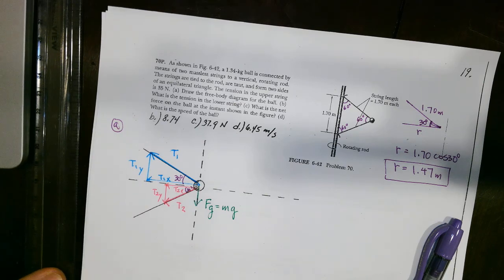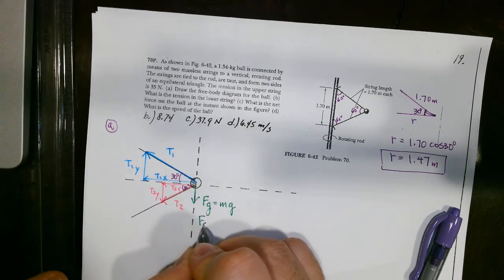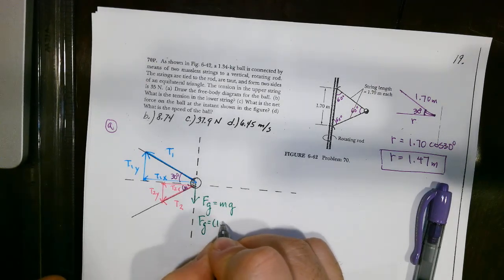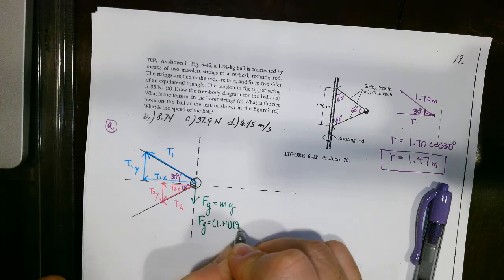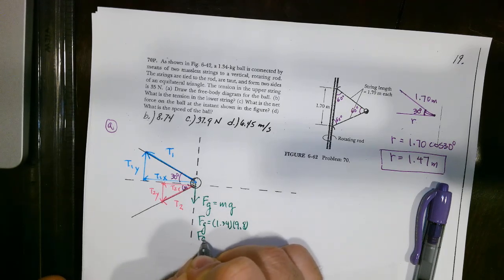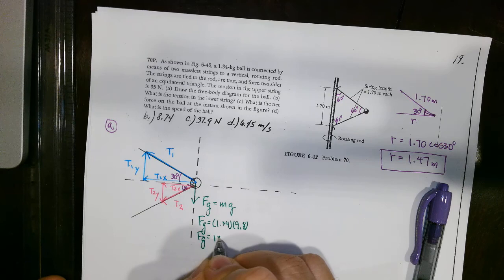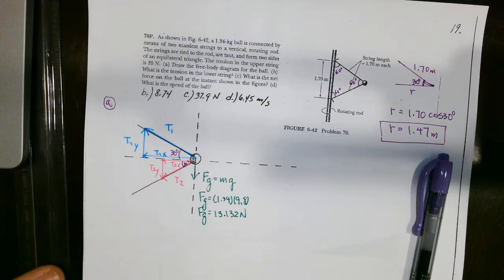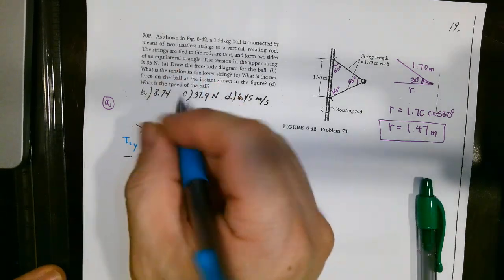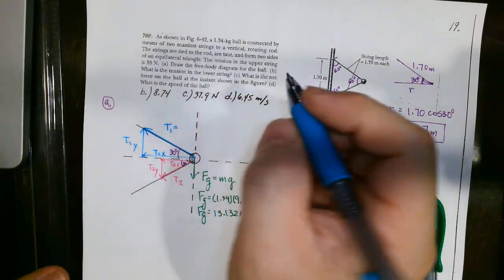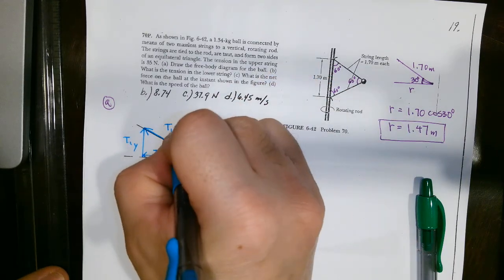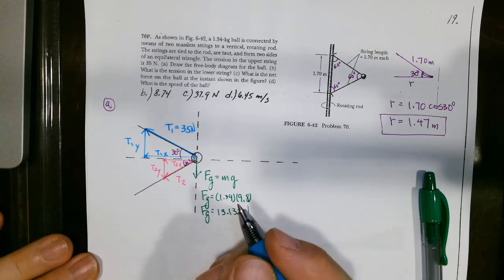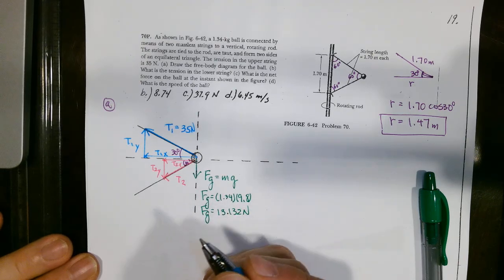So we could calculate a lot of things actually. We could calculate the FG, which is 1.34 times 9.8, and if we do that, I think it comes out to 13.132 newtons. We know T1, which is 35 newtons. So we can calculate T1x and T1y.